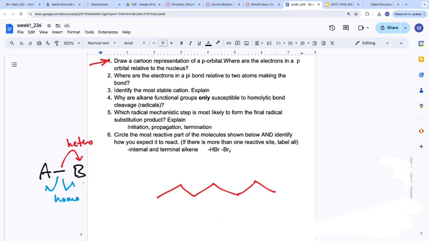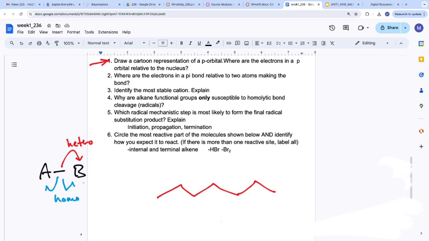Okay? Propagation. Once I have the radical, it now reacts. And how it reacts, what's the most likely thing it's going to encounter? More radicals or neutral things? Neutral things. The radicals were very unlikely to form from the get-go, which means the odds of two radicals combining and hitting each other and finding anywhere within the system, highly unlikely.